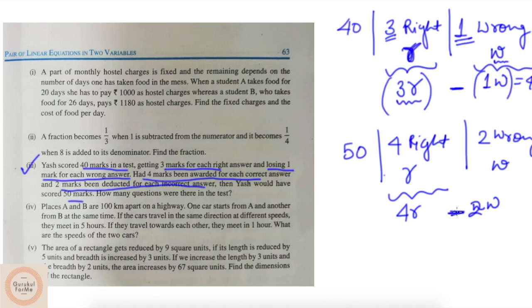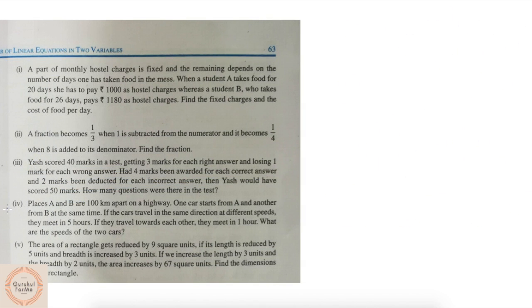Why am I subtracting? Because whatever right he gets minus the wrongs is equal to 50. Can I say that this is equation number 1 and this is equation number 2? Can you solve both the equations and get the answer? The answer is yes.